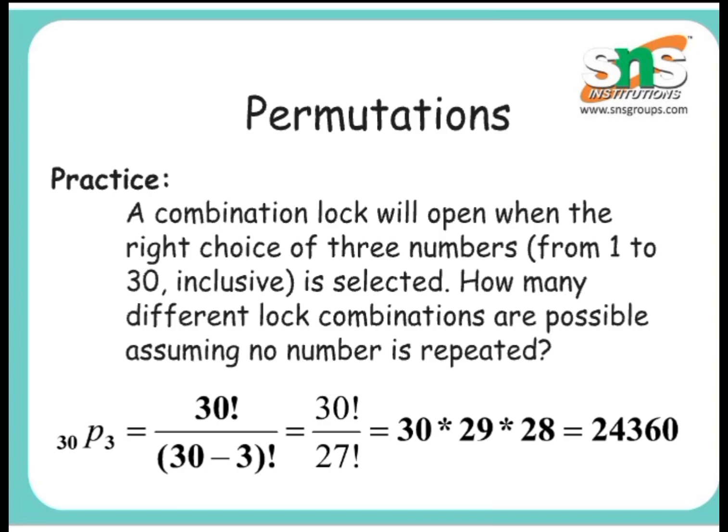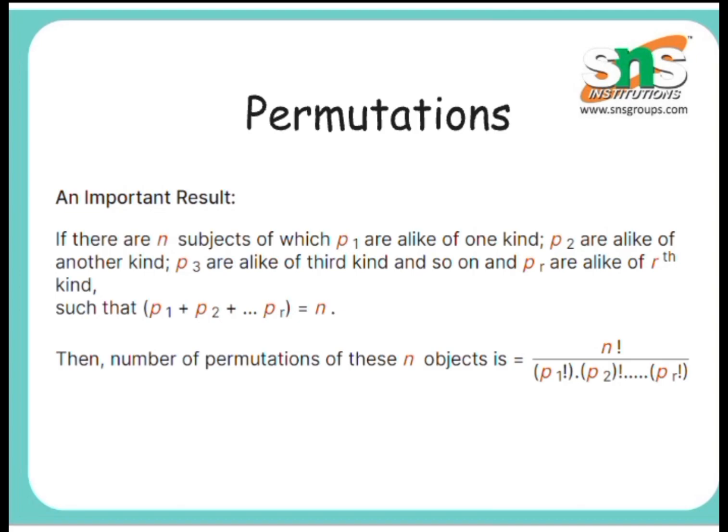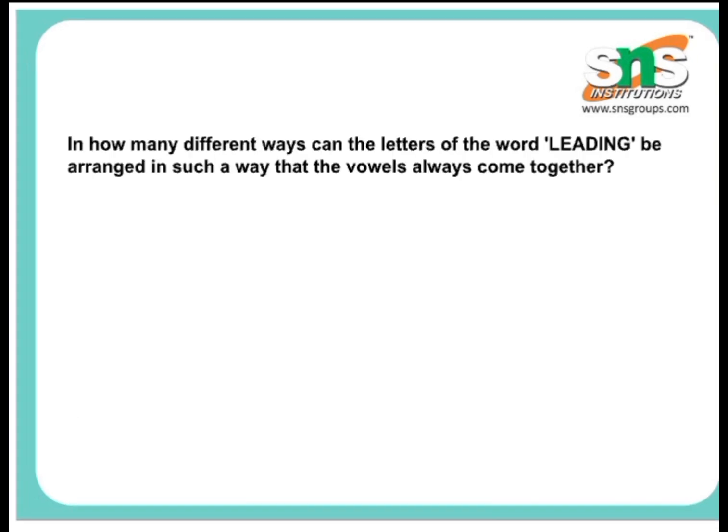Now, in the previous slide we have learned this problem, so I will explain with it. In how many different ways can the letters of the word LEADING be arranged in such a way that the vowels always come together?